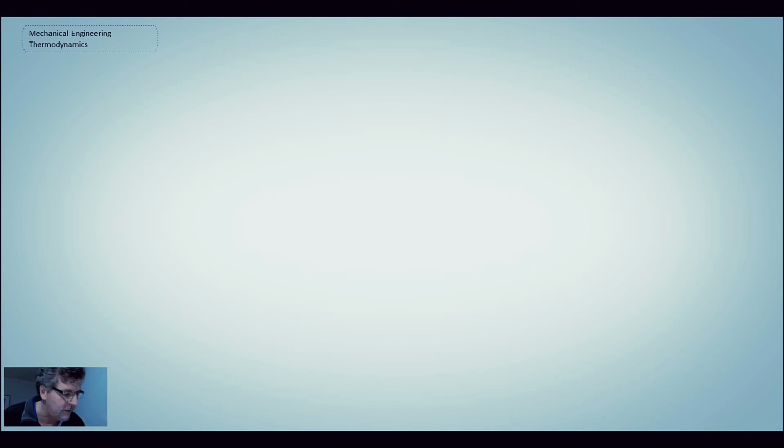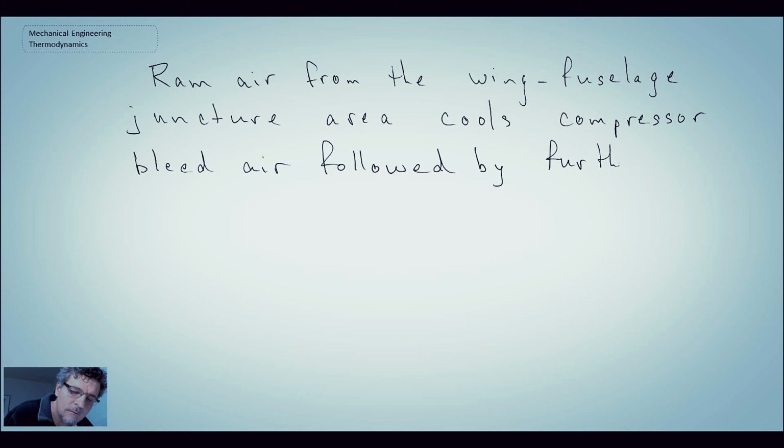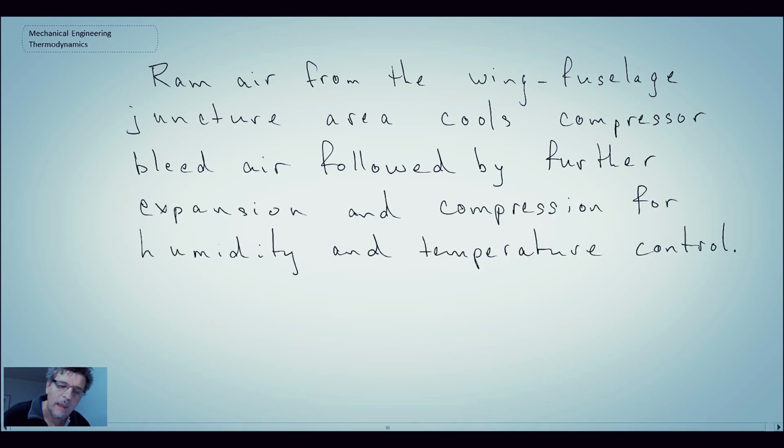So it goes through a couple of other stages, but that is essentially the process by which air within an aircraft is conditioned using this type of system. So that is the gas refrigeration cycle.